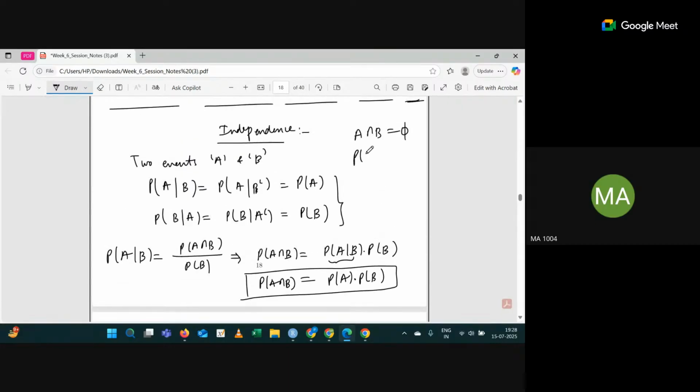Now if you take the probability of phi, it is 0, right? So this is a disjoint event. Be clear with this disjoint and independent.